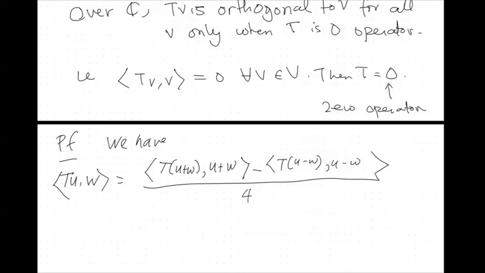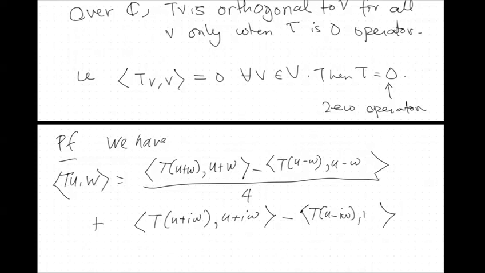This is over 4. So you can check this. Plus, for the complex part, you get the inner product of T of (u plus i w) and (u plus i w), and minus the inner product of T of (u minus i w) and (u minus i w). This is all over 4.